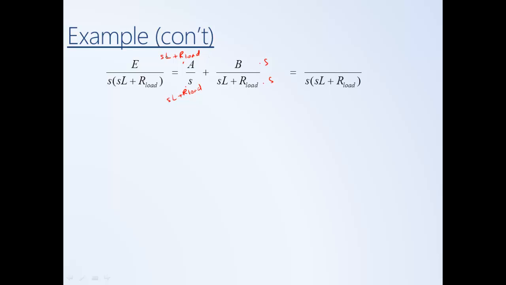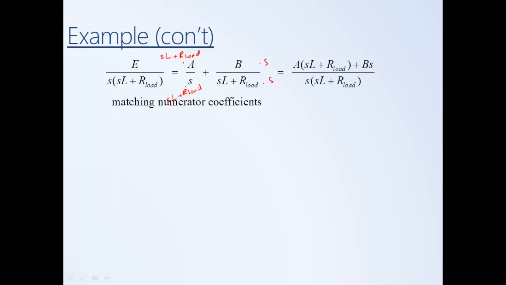So what we'll have is A times the quantity sL plus R load plus B times s, giving us this expression. Looking at the expression we have on the left and the expression we have on the right, the denominators are the same and the entire quantities are equal. Therefore, the numerators must also be equal.